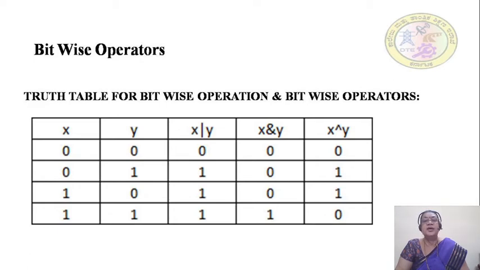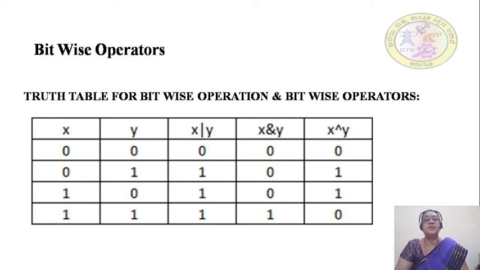When x is 0, y is 1: bitwise OR on x and y will return 1, x & y will return 0, x ^ y will return 1. There are different combinations.